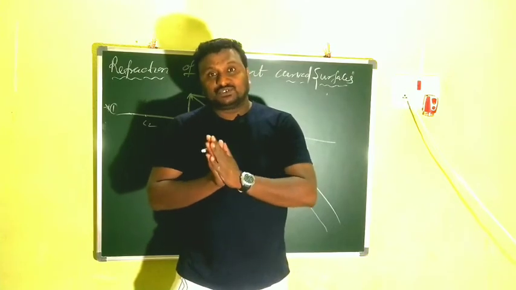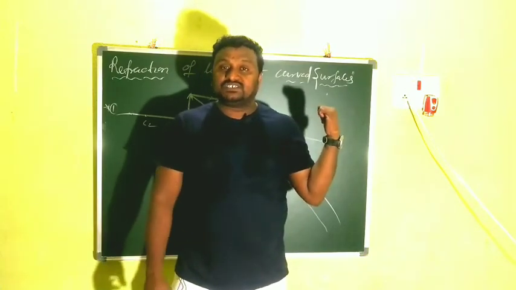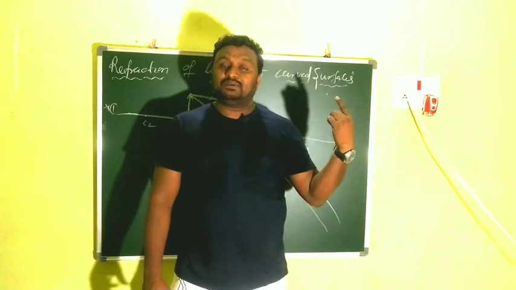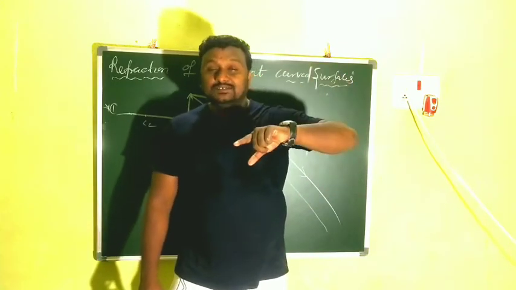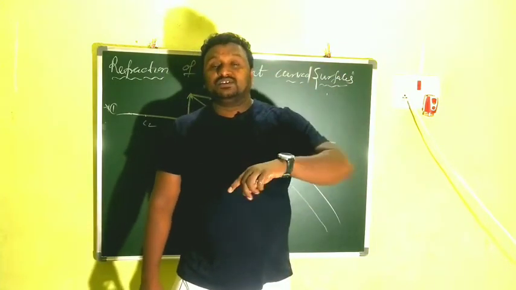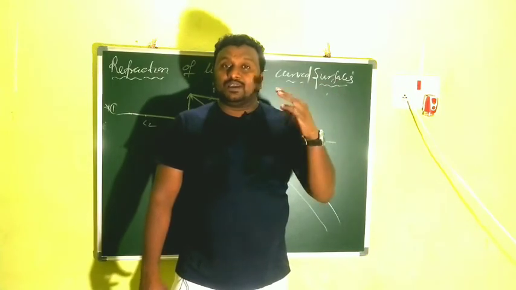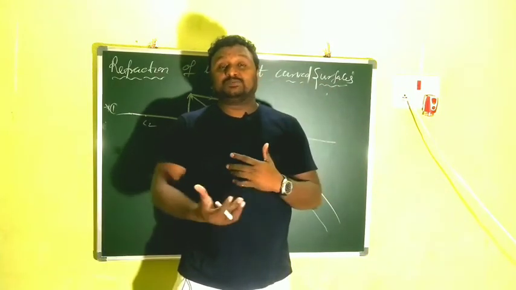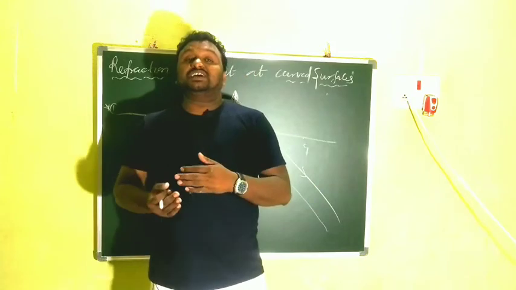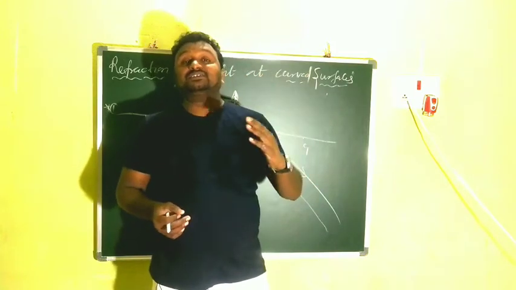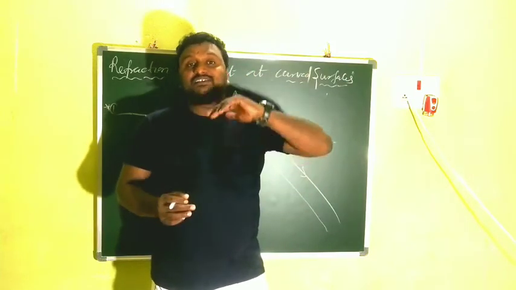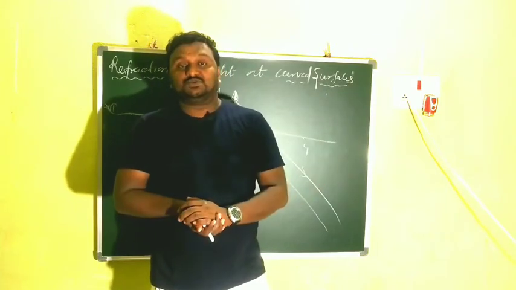Got it, children? In the previous video I already explained that if the object is at infinity, we will get the image at the focal point. This is the converse, the reverse of that.